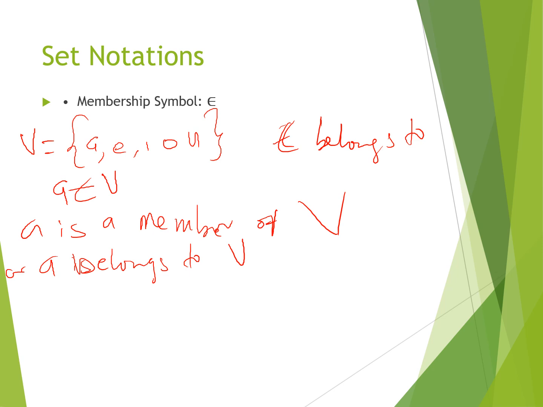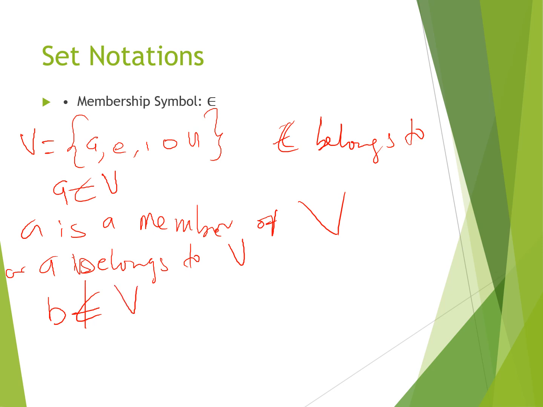Now, in mathematics, you have to look at things in 2 dimensions, what is and what is not. So what if I want to show that an element is not a member of a set? Still using the set V, do I have B here? You can see there is no B here. So I will just say B is not a member of V. Did you get it?